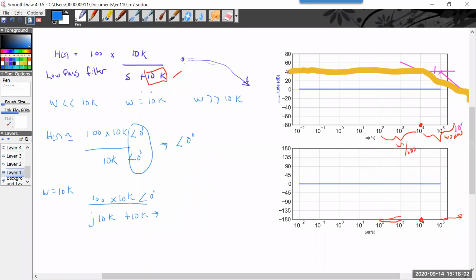This gets converted to, now again, the magnitude isn't important in this case, but you can see that they're equal to each other. So the phase is 45 degrees. So 0 minus 45 gives us minus 45 degrees.